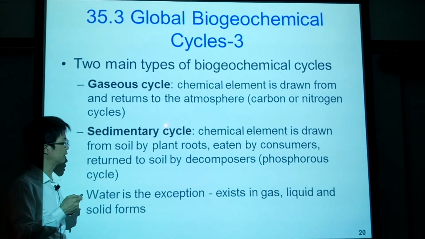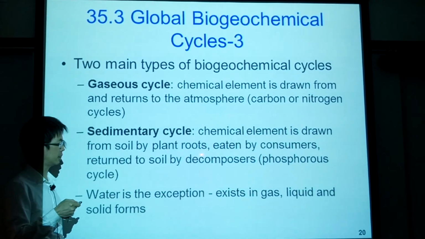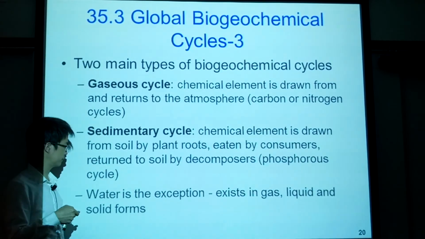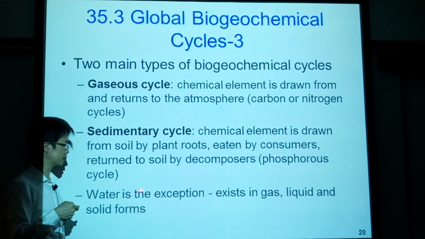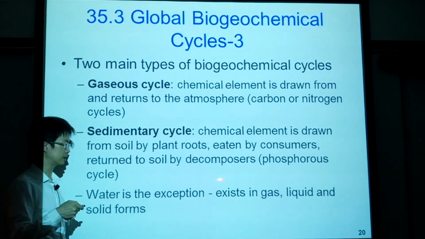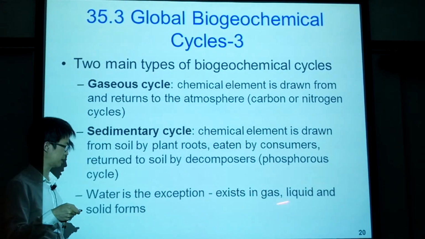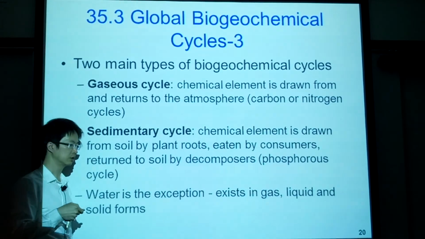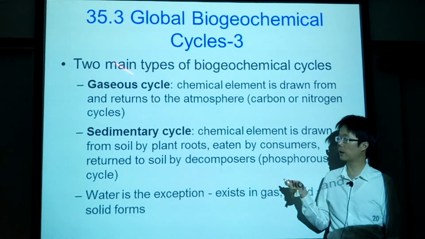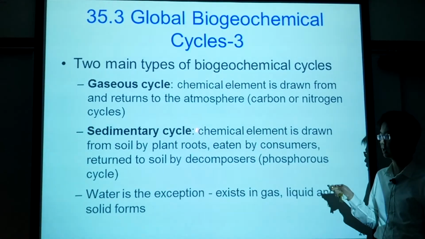Sedimentary cycle, they involve the ground, the soil, the ground only. Example is the phosphorus cycle. And then we have water cycle. Water is an exception because it has both the gaseous, liquid, and solid state. So it spans to all these two cycles.